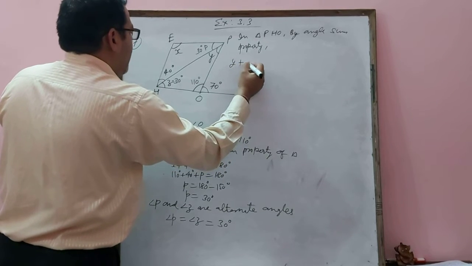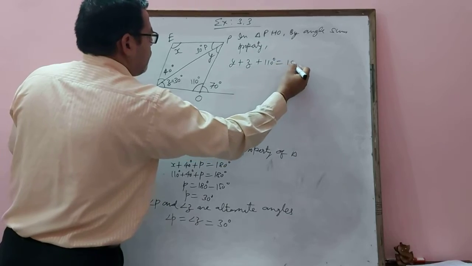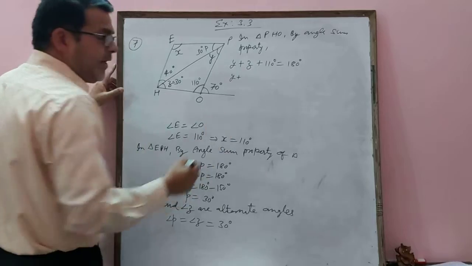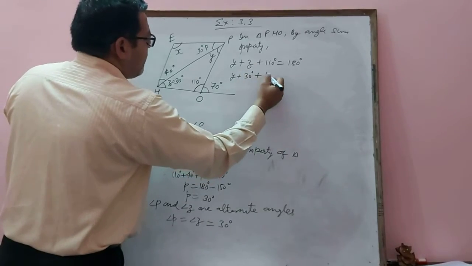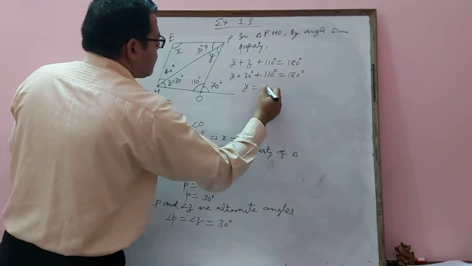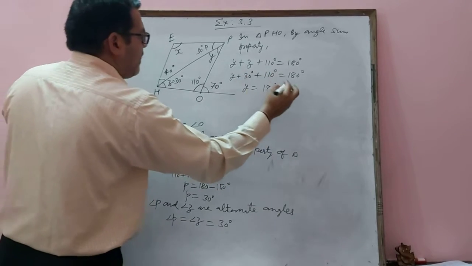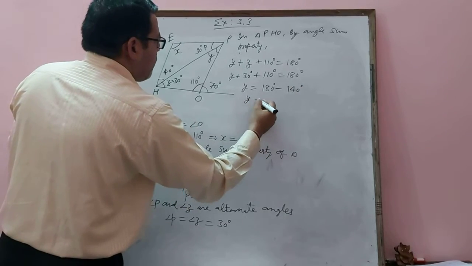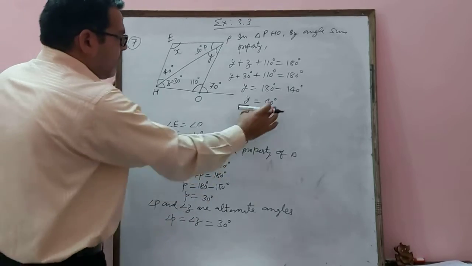So angle Y plus angle Z plus 110 equals 180. Right? And what is Y? We don't know. We have to find value of Y. Z we have already calculated, it is 30, plus 110 equals 180. So Y equals 180 minus 110 plus 30, 140. So Y equals 40 degree. So the value of Y is 40 degree.